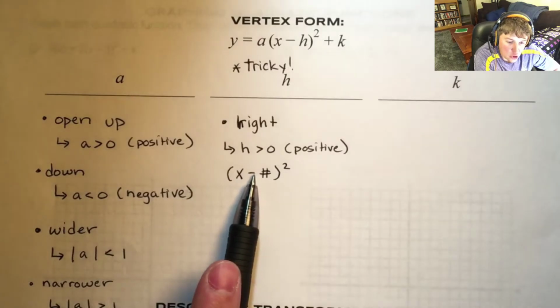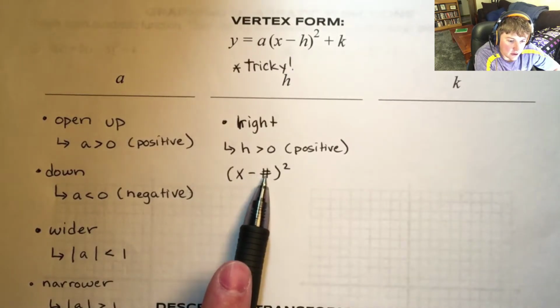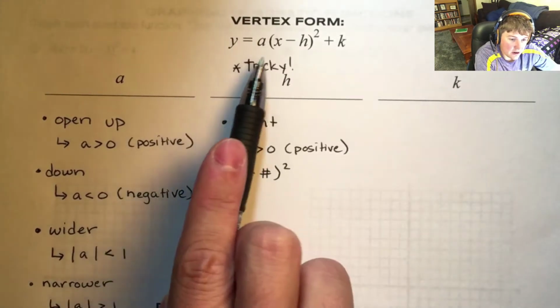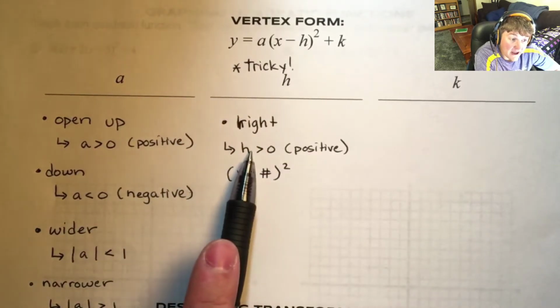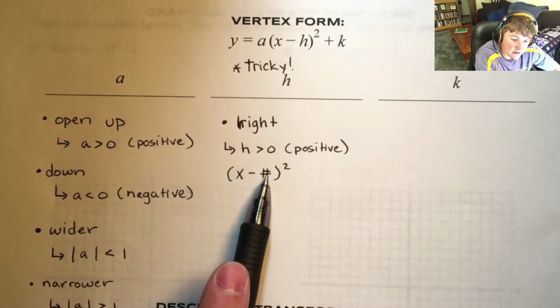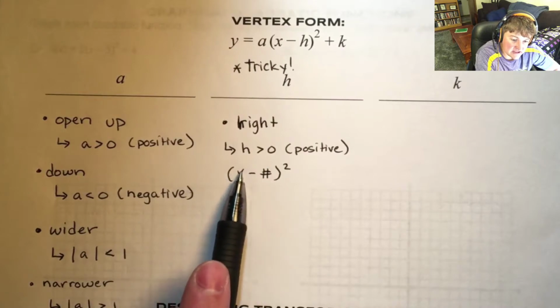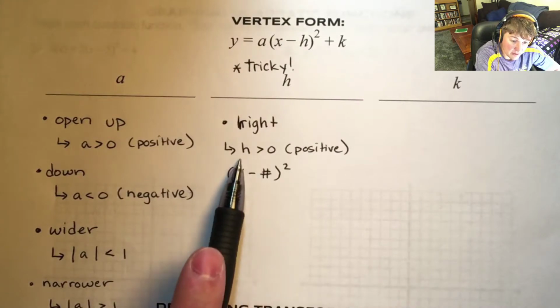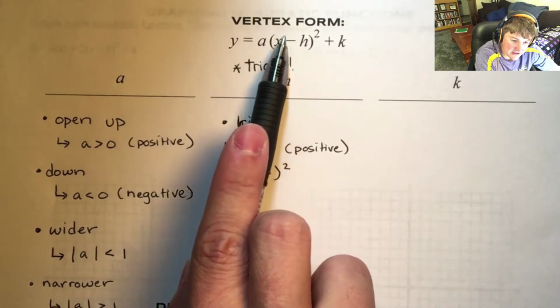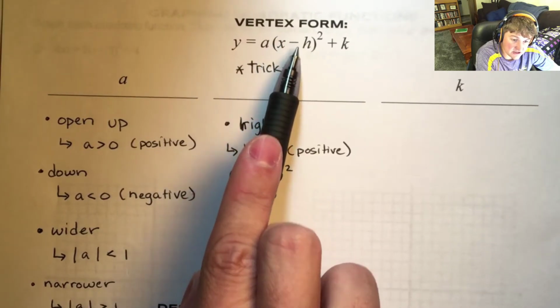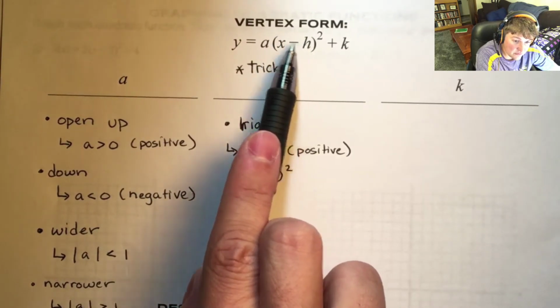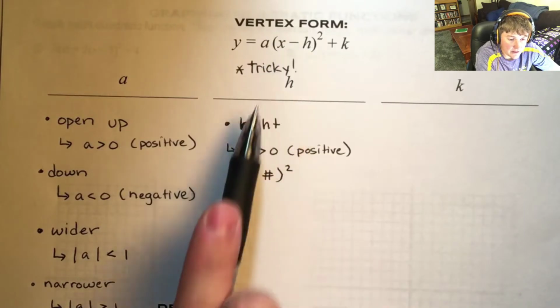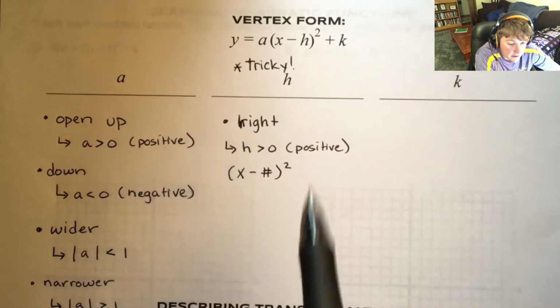It looks like it's going to be negative, but it's not. The h value itself is positive. It says x minus a number, because when I plug a positive number in there, it's going to say x minus. So if I plug in positive 2 for h, it's going to say x minus 2. And that will move it to the right.